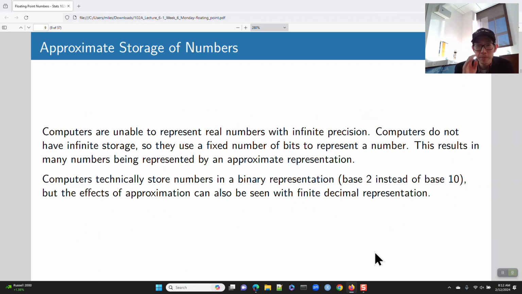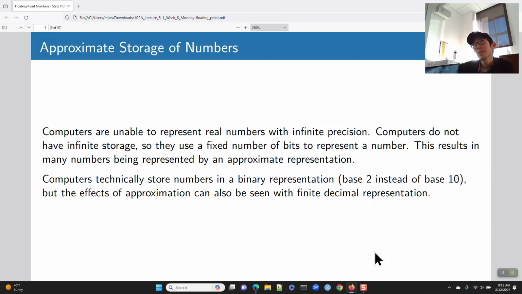So here, I wrote: computers are unable to represent real numbers with infinite precision. Computers don't have infinite storage, so they use a fixed number of bits, in our case 64, and this results in a lot of numbers being represented with approximate representation, right?